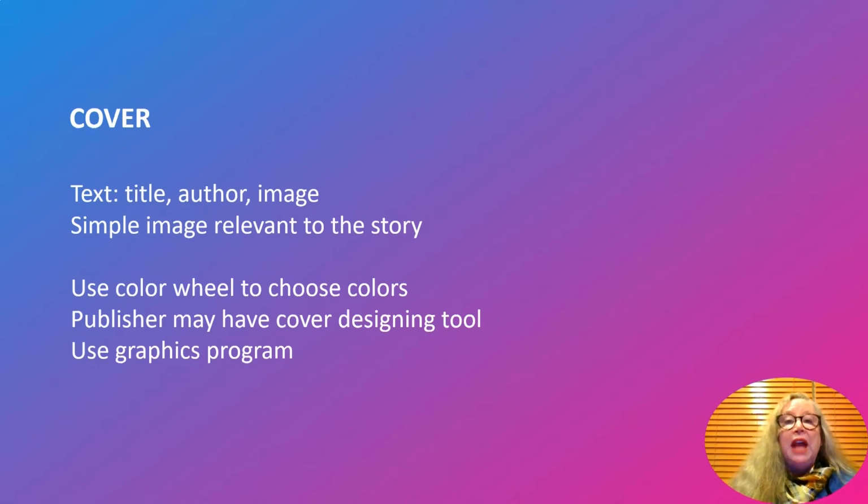So you can use a color wheel to figure out which colors go together, which contrast, and which would be nice to use. Now, the publisher, if you're using an online self-publishing place, may have cover designing tools, or you may just go ahead and use a graphics program that you're familiar with and get the measurements of the cover and design it yourself.